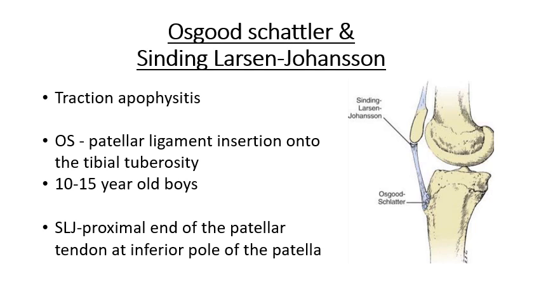Now again, one more question which is going to come up in your examination is Osgood-Schlatter. Osgood-Schlatter is traction apophysitis. It is a pull of the patellar ligament insertion onto the tibial tuberosity.